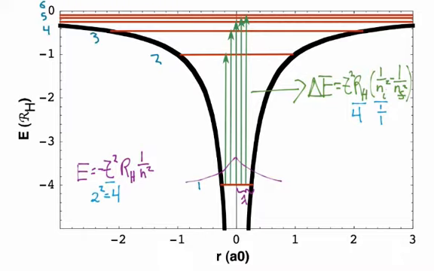But I should point out that r really goes from 0 to plus infinity. Because the potential energy goes to minus infinity at r equals 0, we actually have this little cusp in the wave function when we include the negative r part for visualization purposes. So we don't expect any nodes.